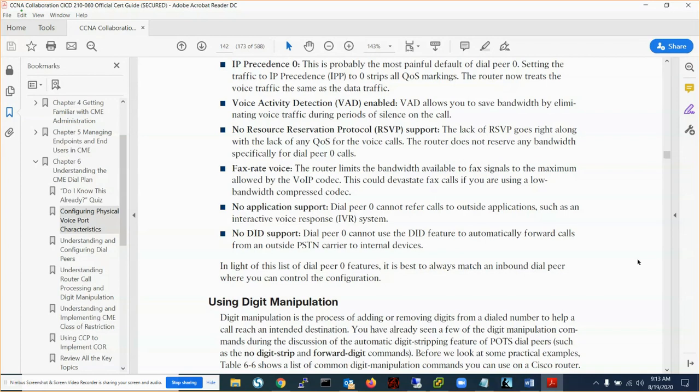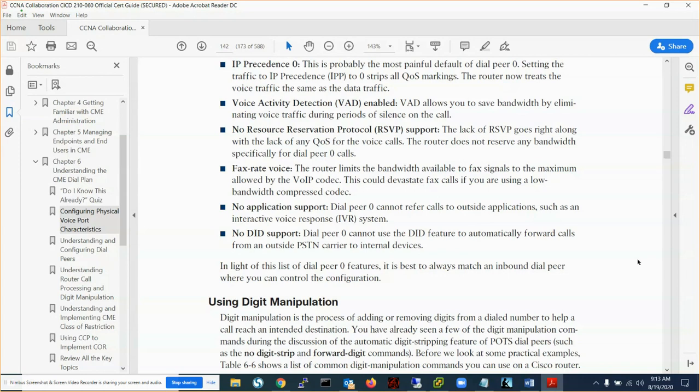It doesn't work with these other applications. These are applications which integrate with Call Manager or CME in order to be a contact center, or your auto attendant, or IVR in the case of a contact center. It doesn't support that, right? It can't carry the calls to these applications.